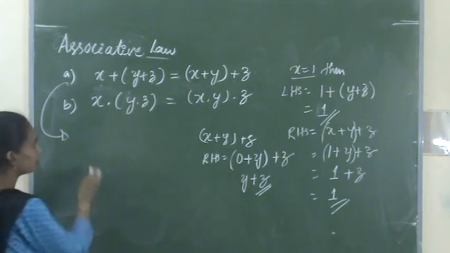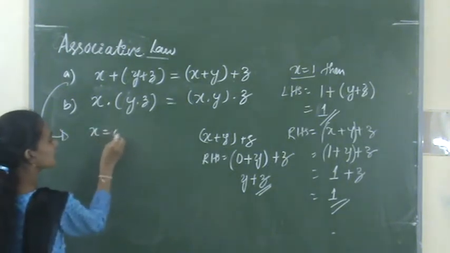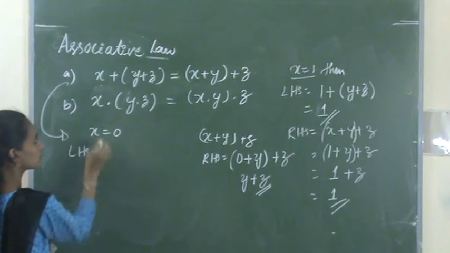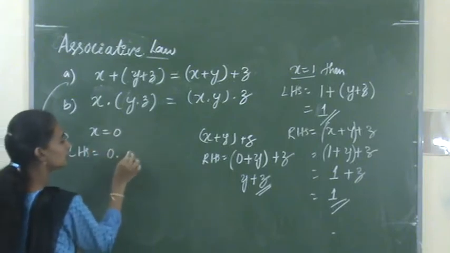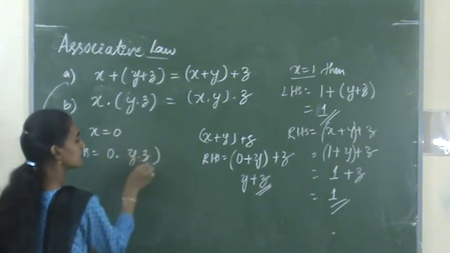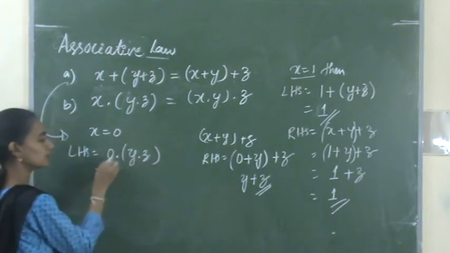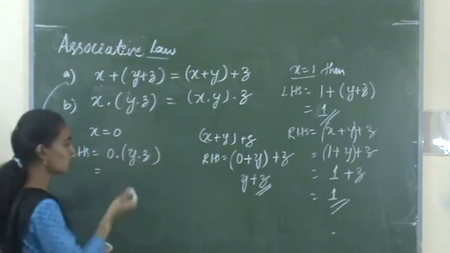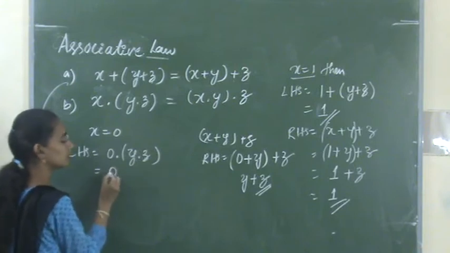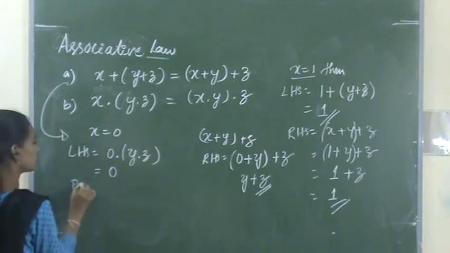So now I am providing X value equal to 0. The LHS becomes 0 into (Y·Z), right? According to the property of 0, 0 into anything gives the result 0.